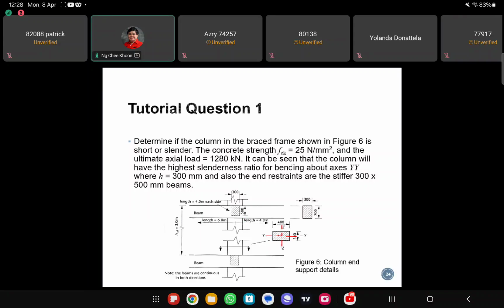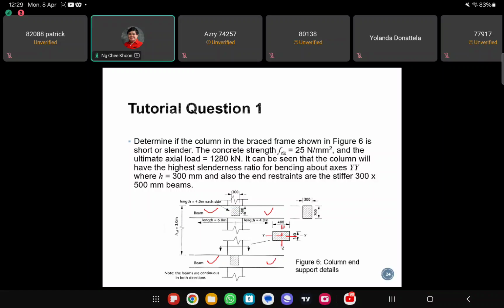So if you look at the pair of beams restraining z-axis moment, it will be this beam and this beam at the top, and then this beam and this beam at the bottom. So these beams will resist the bending in the z-axis direction.